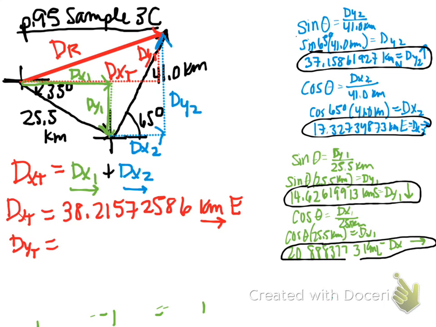Now let's do our dy total. This one is a little bit more challenging because, of course, dy1 is south. It's what looks like down on our page. And dy2 is north. So what that tells you is that one of them needs to be a negative.